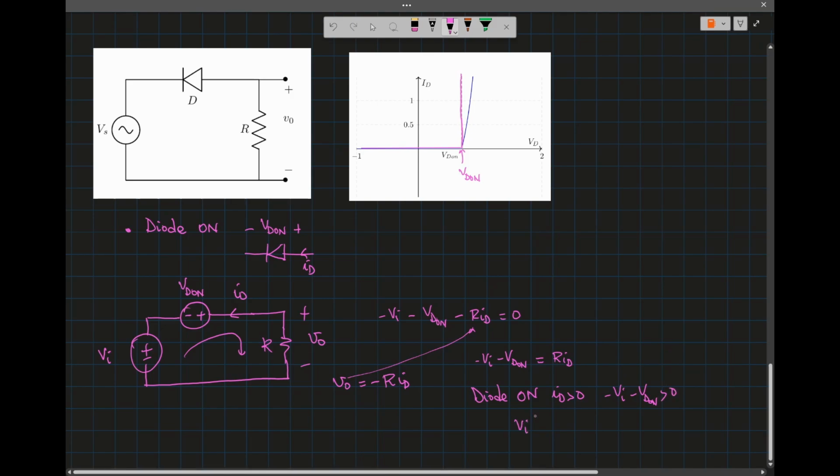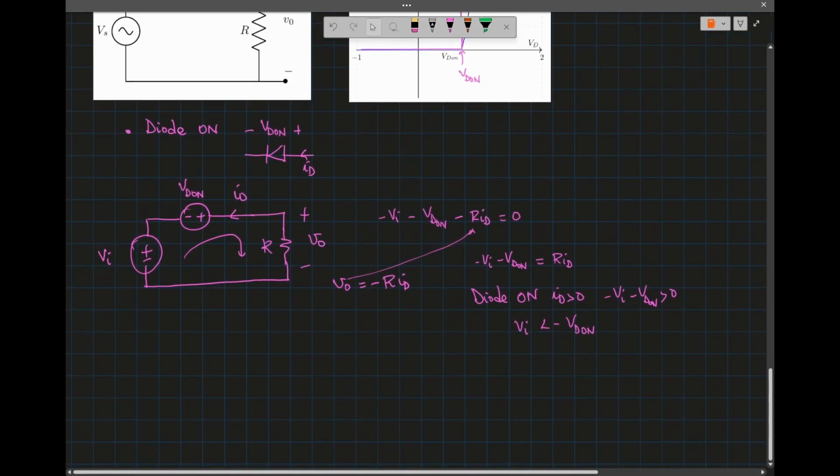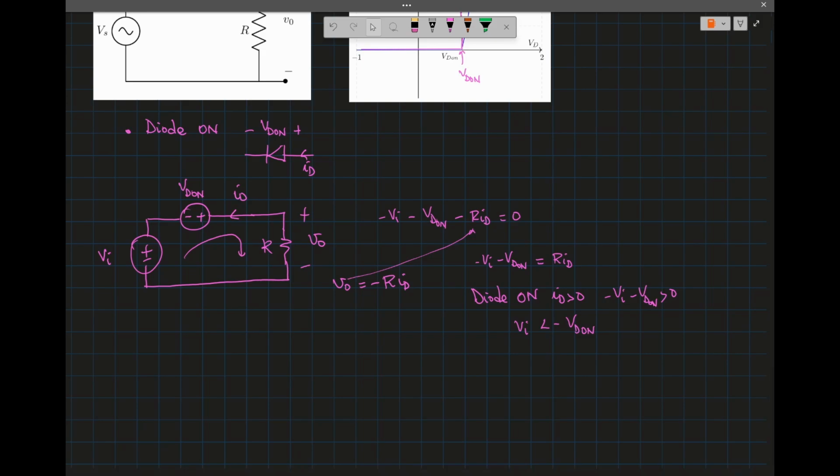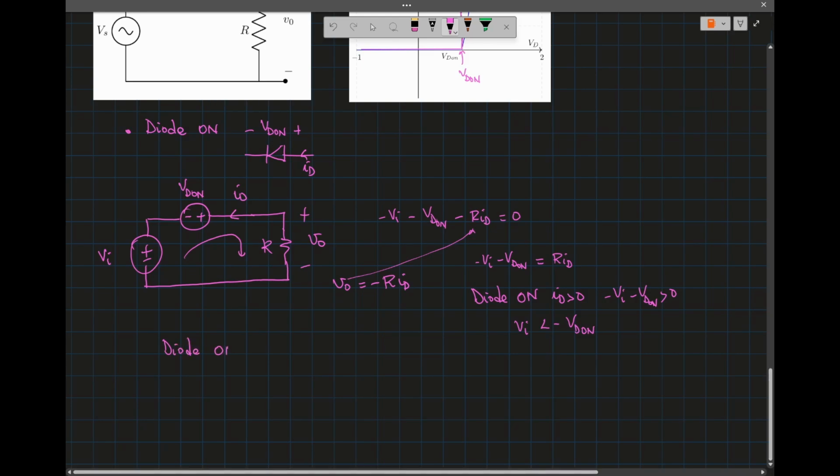That means V_I is less than minus V_D(on). So when V_I is less than minus V_D(on), then the diode will be on for that condition. So under this condition, we have diode on when V_I is less than minus V_D(on).